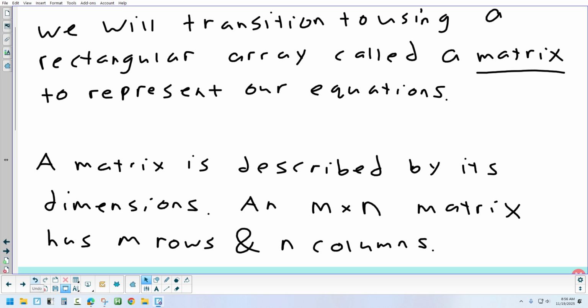When we are looking at a matrix, the way we describe it is by the number of rows and the number of columns that it has. So if I said to you, we have a matrix that's 2 by 3, I'm telling you how many rows and how many columns. The first number is how many rows in the matrix. Rows are horizontal. Columns is the second number, and columns are vertical.